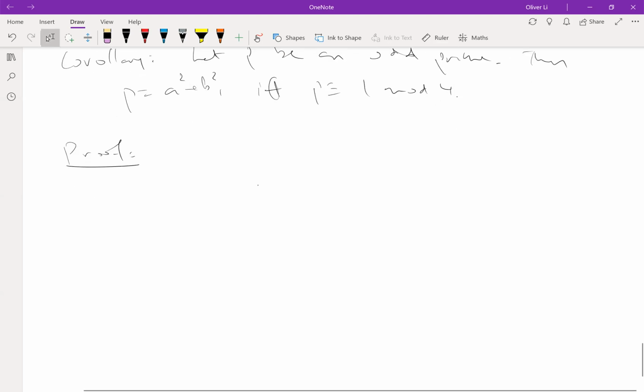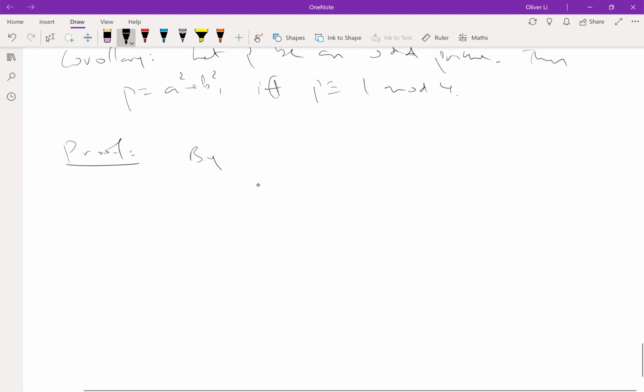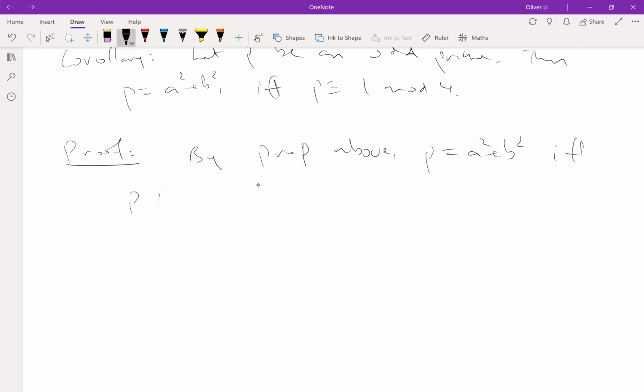By some proposition above, p is a squared plus b squared if and only if p is not a Gaussian prime.